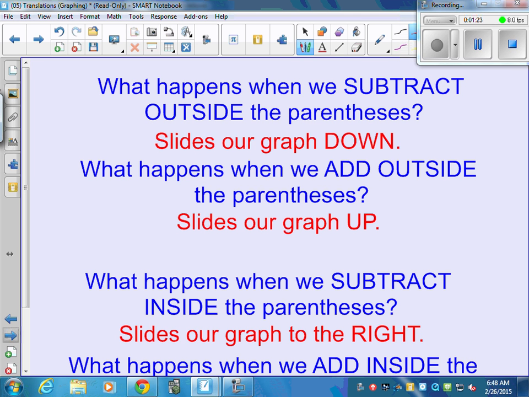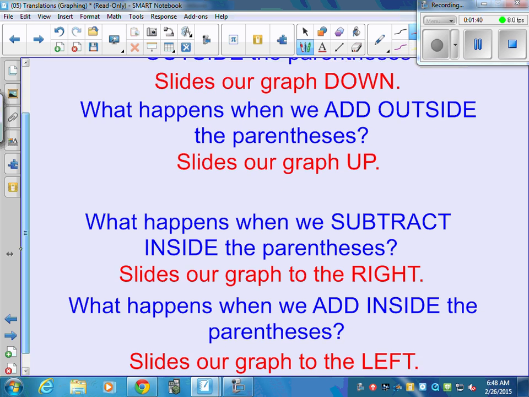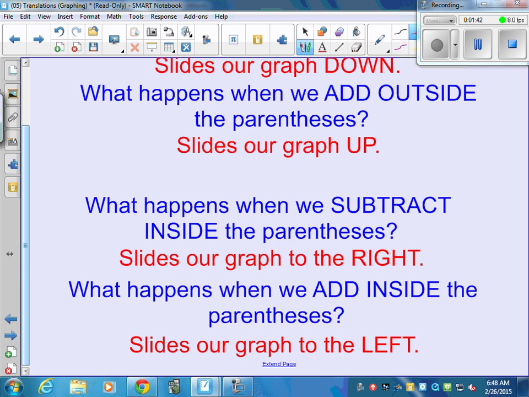So just some more specific terms. What happens when we subtract outside the parenthesis? Okay, outside is vertical, we trust it, so we know the graph slides down. What happens when we add outside the parenthesis? The head shake says we trust it, it's vertical, it's outside, so the graph moves up.